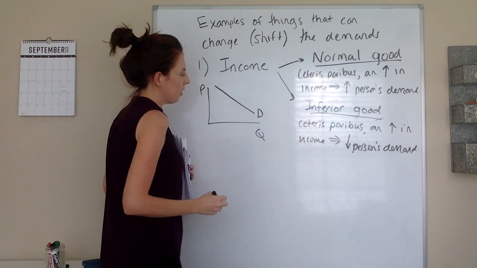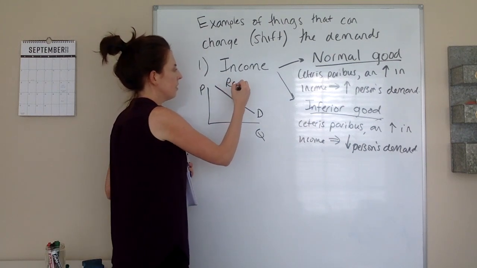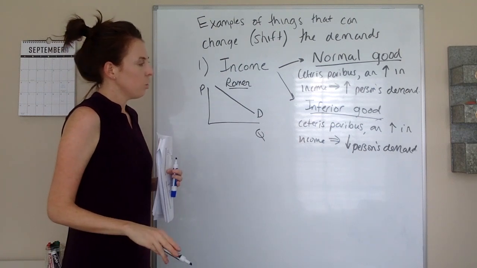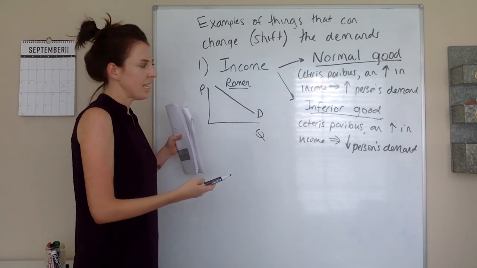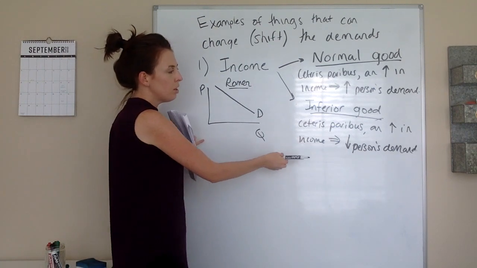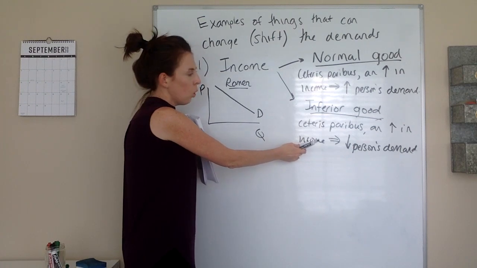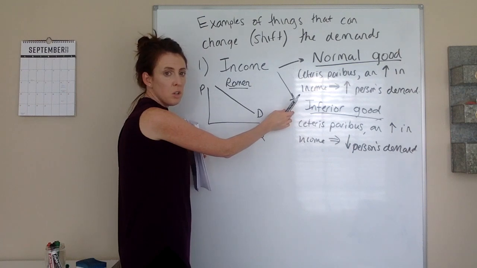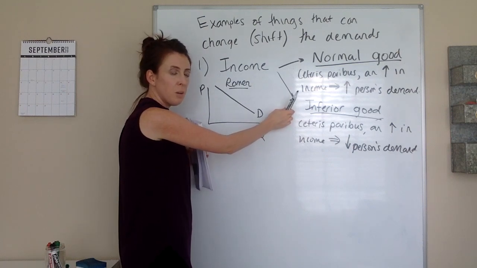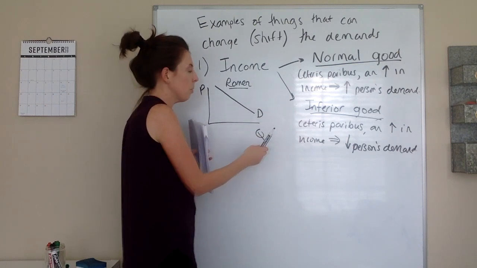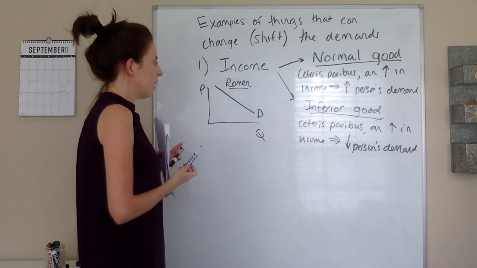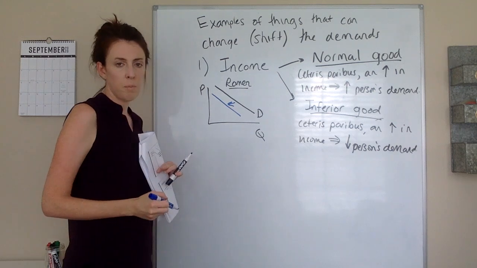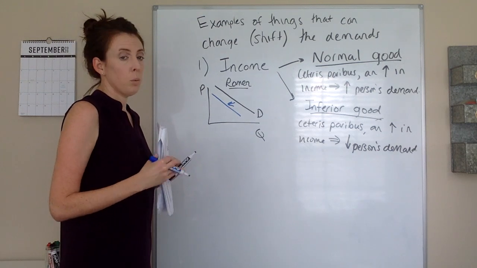So let's think about the demand for these noodles and what would happen in the market if people started making more money. Well, ramen noodles are, again, an example of an inferior good. So because they're an inferior good, if everyone, or if some people in the market start making more money, then the whole demand for ramen noodles is going to decrease, and so the demand will fall. It would work again in reverse.